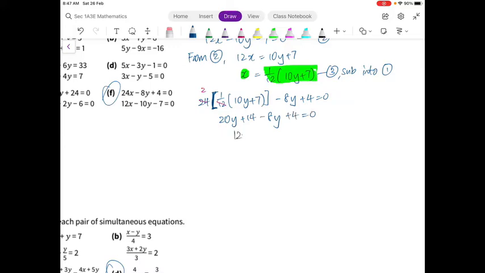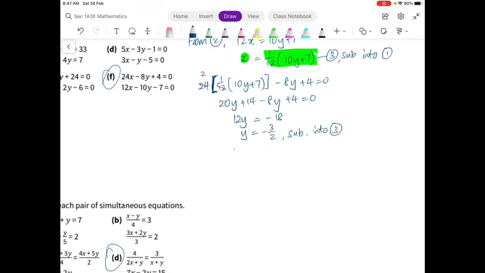So we have 12y equals to negative 18, and y has a value of negative 3 over 2. We substitute this into our equation number 3. So now we have x is 1 over 12 of 10 times negative 3 over 2 plus 7.